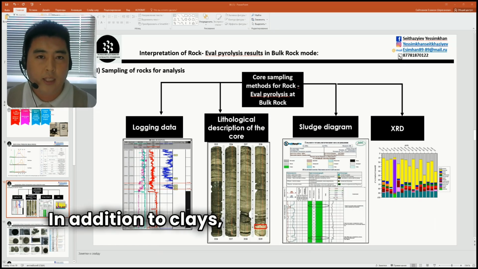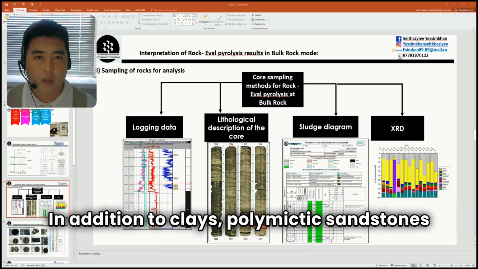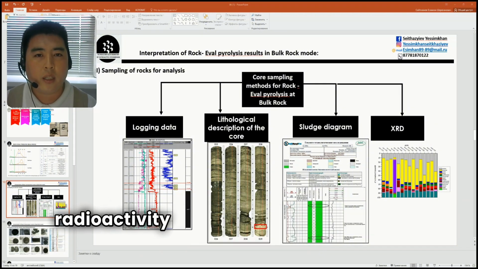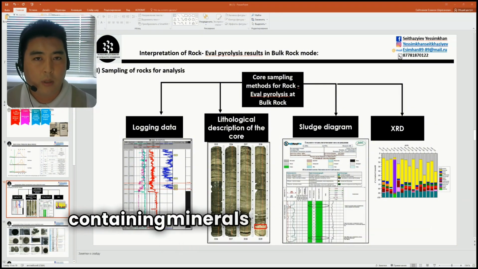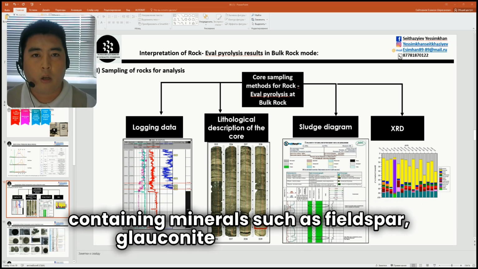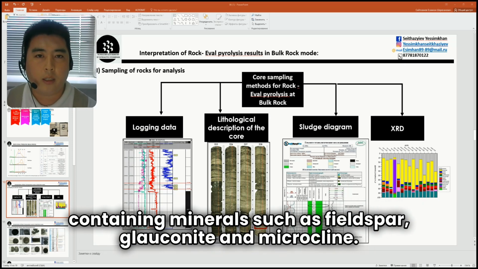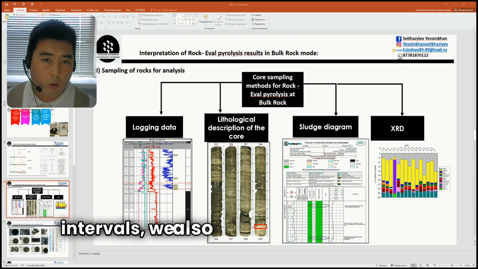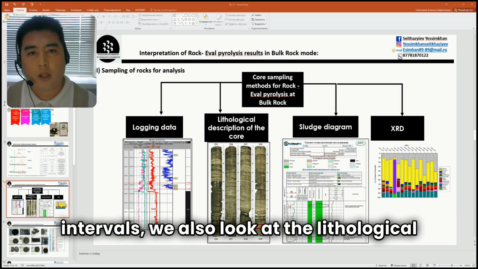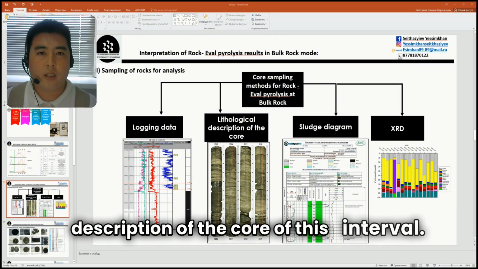In addition to clays, polymictic sandstones have significant radioactivity with minor clay content due to potassium-containing minerals such as feldspar, glauconite, and microcline. Therefore, in order to confirm the obtained intervals, we also look at the lithological description of the core of this interval.